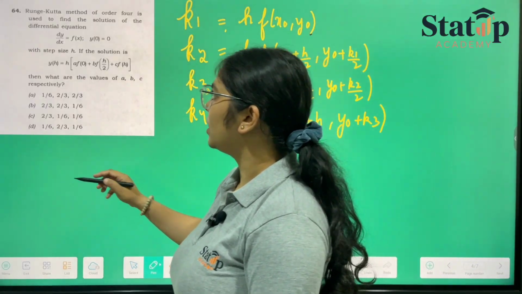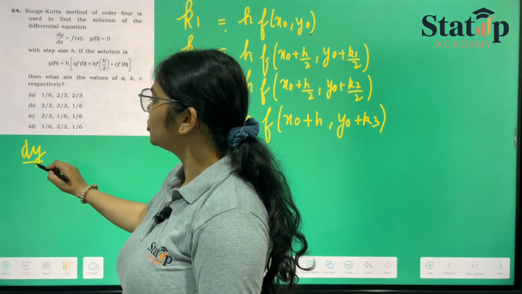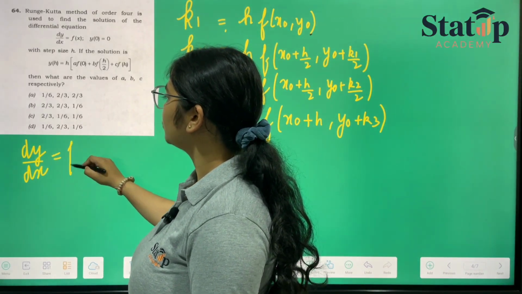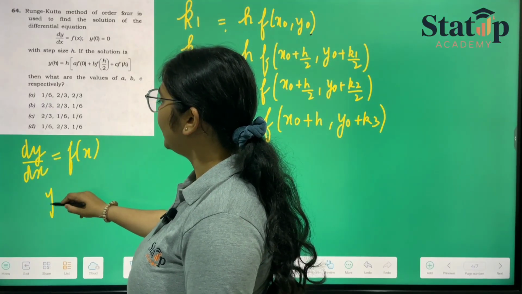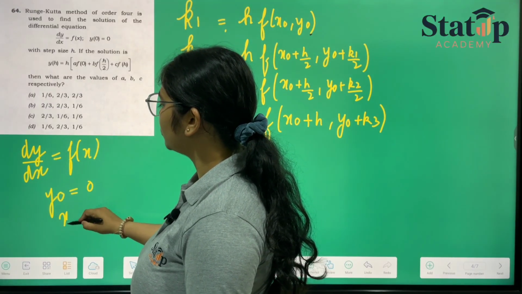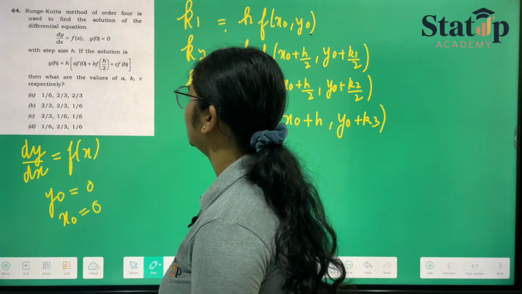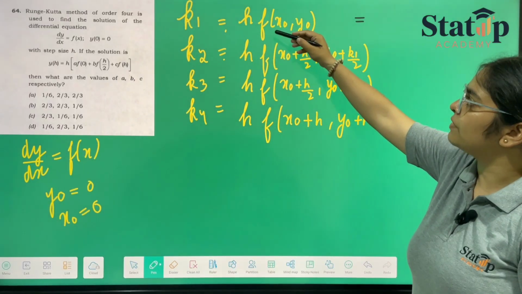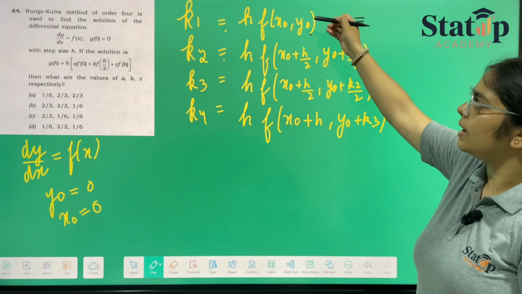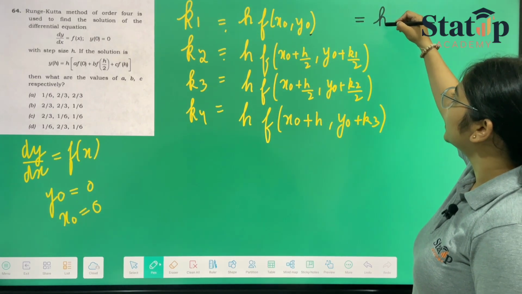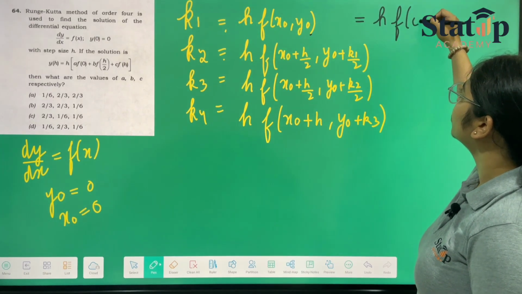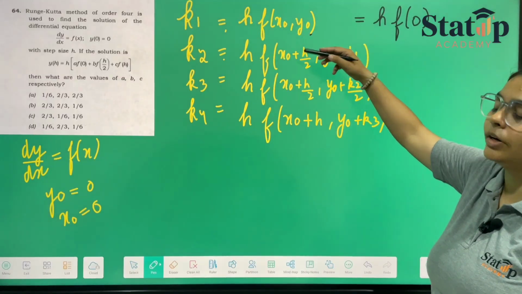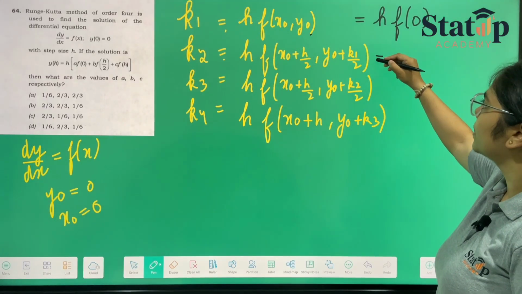Now they have given to us that dy by dx, the function, is given as f(x) only, and y0 is equal to 0 and x0 is also equal to 0. So let us put that value here. f(x0, y0) is nothing but f(x) only. So we'll be putting it here as h f(0), because the value of x0 and y0 is 0 only, so it will be 0.